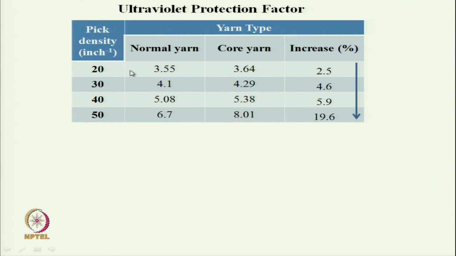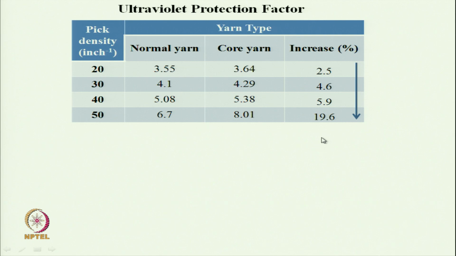For lower pick density, the cover factor increases only 2.5% for 20 pick density, from normal yarn to core yarn. But for higher pick density, this increase is around 20%, a 19.6% increase.